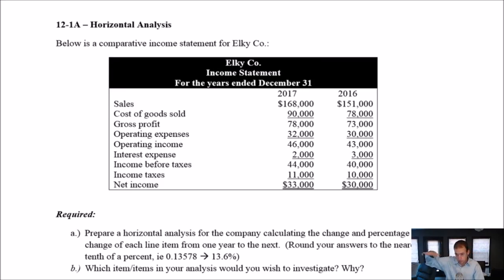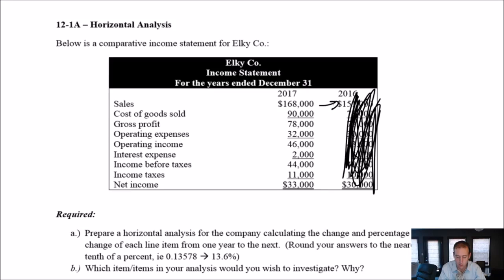But this is horizontal. So when we do a horizontal analysis of a company, we need multiple years of data. If I don't have 2016 data, if we pretend we didn't have this, I can't do horizontal analysis because there's nothing going on horizontally.